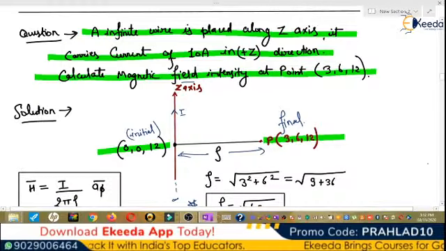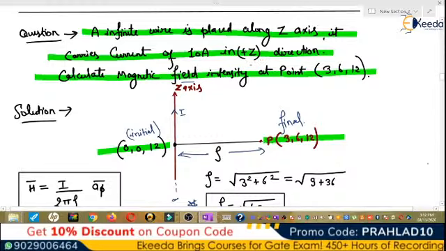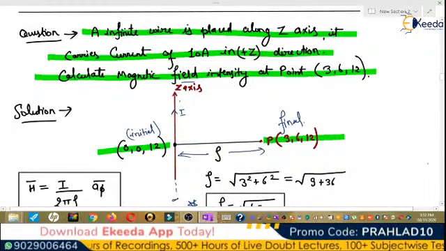Now the question is: an infinite wire is placed along the z axis and it carries a current of 10 ampere in the plus z direction. Calculate the magnetic field intensity at point (3, 6, 12). The current carrying wire is placed along the z axis and it is carrying current I, and at point (3, 6, 12) we have to calculate the magnetic field.